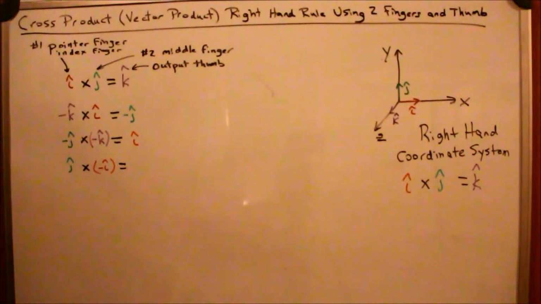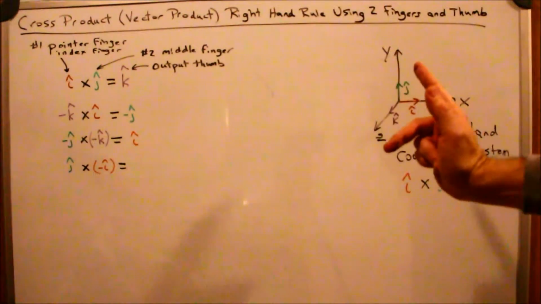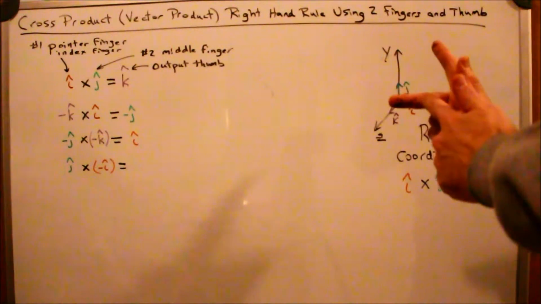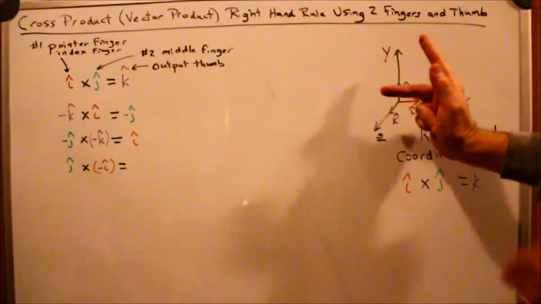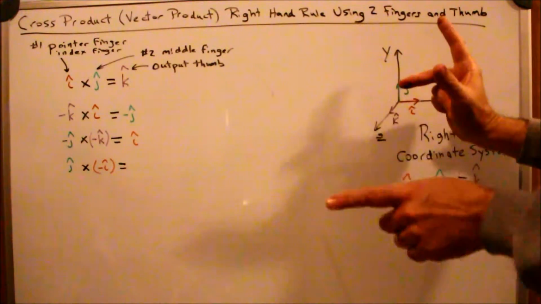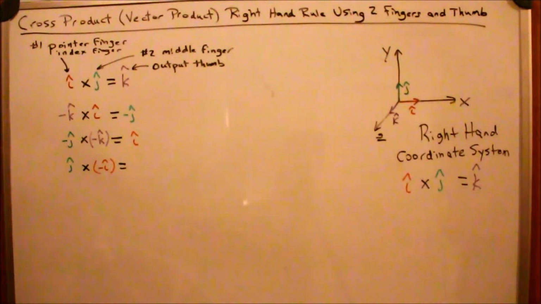Okay, let's do it. The first pointer finger goes in the direction of j hat, which is up. Then the middle finger goes in the minus i hat direction, like that. You can see my thumb is pointing out of the board, in the positive k hat direction.